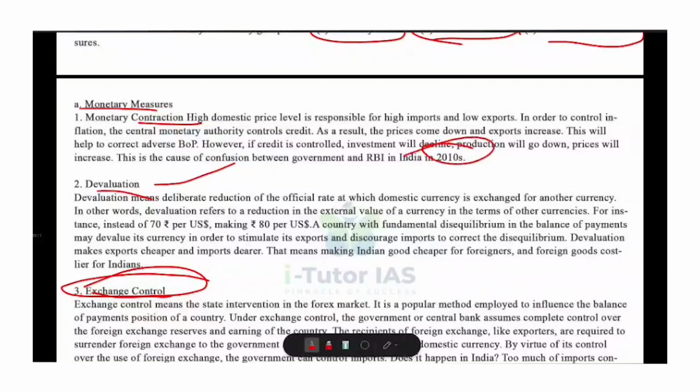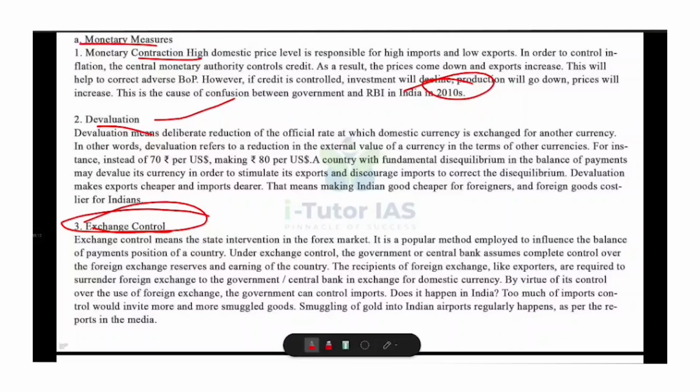Then devaluation, which we said is a deliberate reduction in the official value of the domestic currency compared to foreign currency. For example, if ₹1 was previously equal to $0.014, that is ₹70 per US dollar, after devaluation it becomes ₹80 per US dollar, meaning the rupee is weaker. And why is it used? To correct a fundamental disequilibrium in BOP. And what are the effects on BOP here?